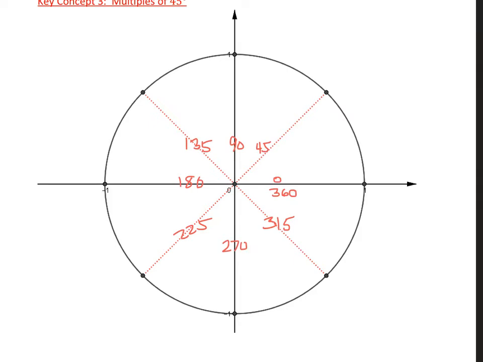Now let's break this up into fourths. So we've got 0 pi radians. We have 1 pi over 4 radians.